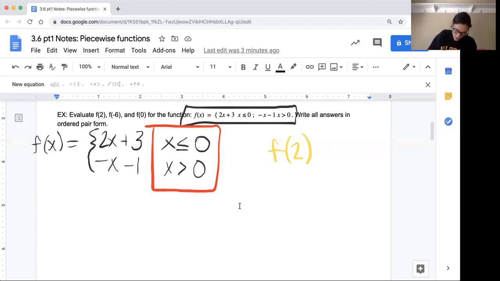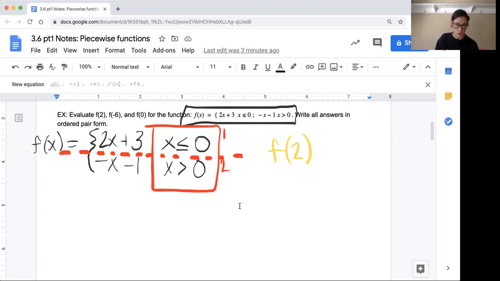So if we're thinking about 2, all we have to do is figure out which domain, this top one or this bottom one, I'll label them 1 or 2. So sometimes we can even think of these piecewise functions as 2 separate functions, right? So 1 and 2.